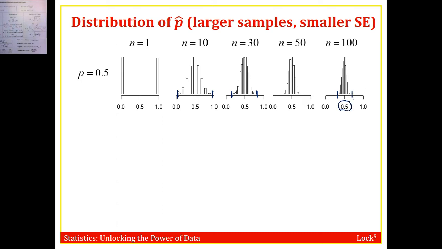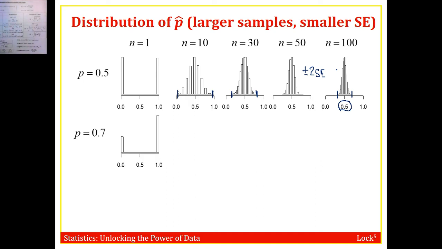Remember, when we move items out, it's some center, some mu value, some p value, plus or minus two standard errors. And that's what we're seeing in this distribution.